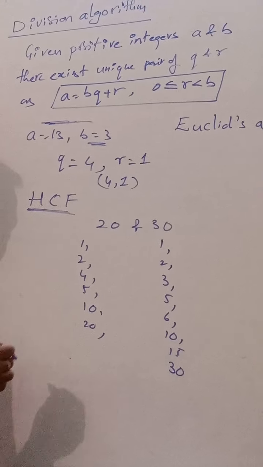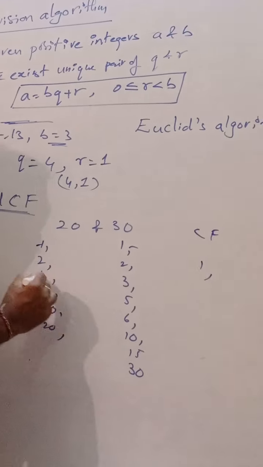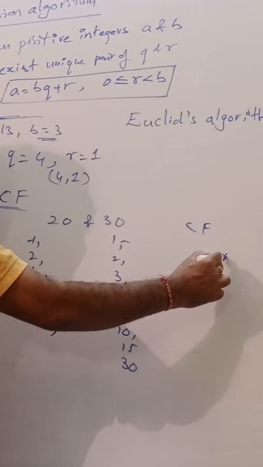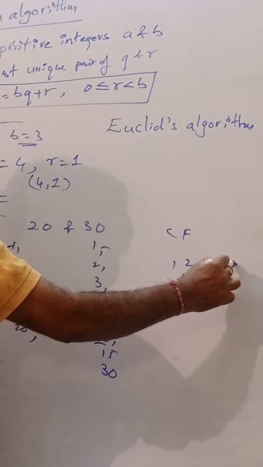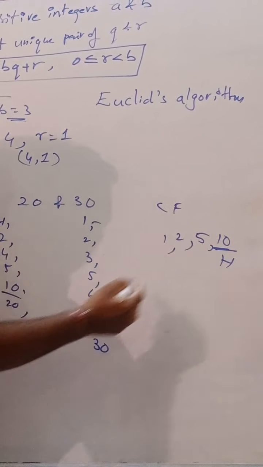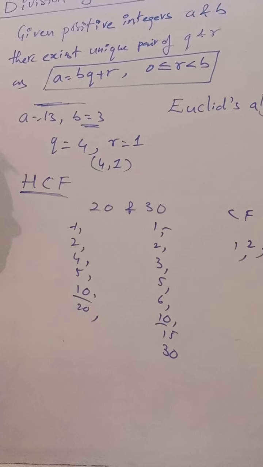Now what are the common factors? 1, then 2, then 5, then 10. HCF is the highest common factor. The maximum value among the common factors is 10. The HCF of 20 and 30 is 10.